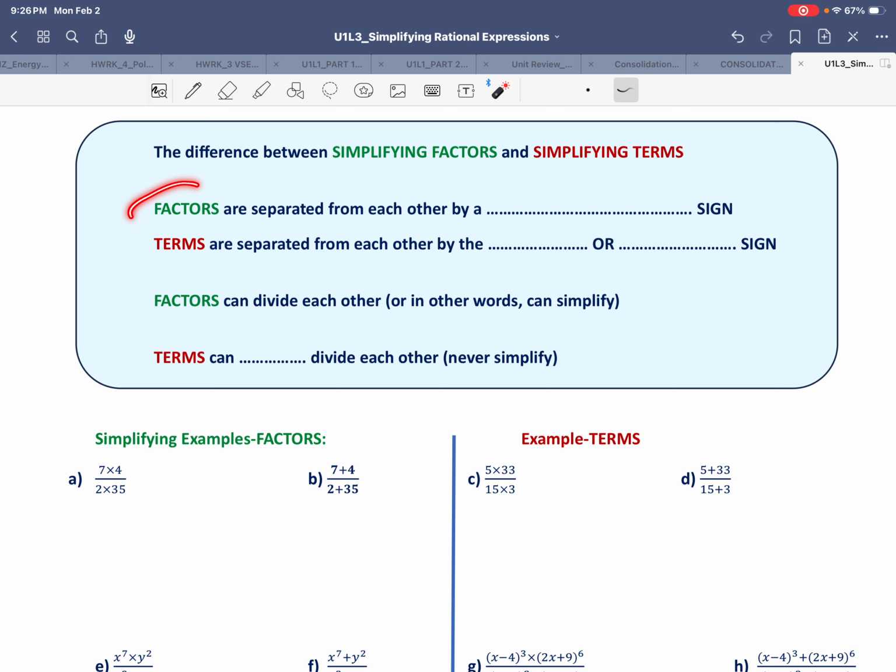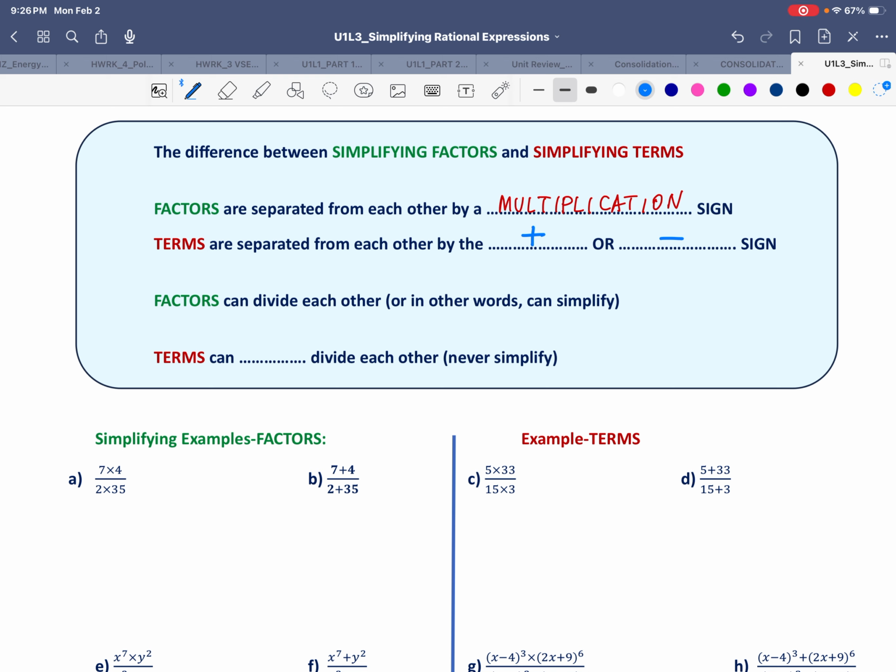Factors are separated from each other by a multiplication sign, or sometimes division, but we're not going to get that far. We're just looking at the normal algebraic factors. Terms, on the other hand, are separated from each other by a plus or minus sign, so it's either addition or subtraction.